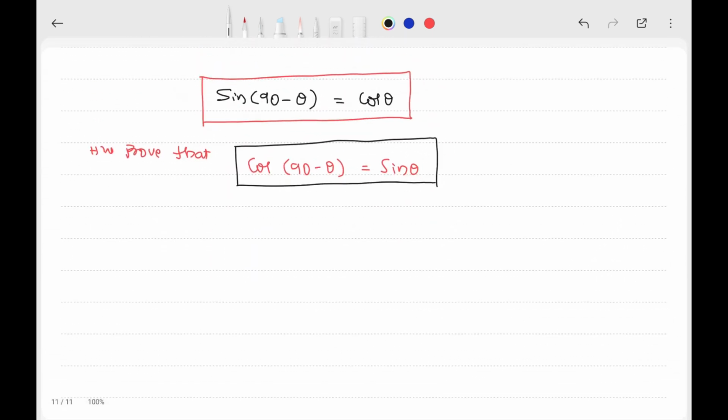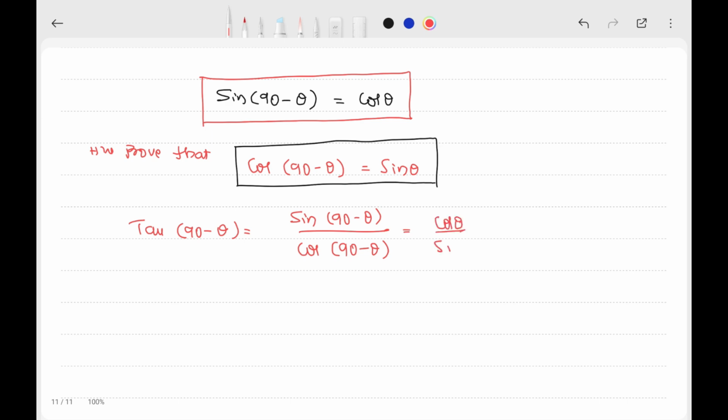From this we can say sin 90 minus theta is equal to cos theta, cos 90 minus theta is equal to sin theta. Then what is tan 90 minus theta? That is equal to sin 90 minus theta divided by cos 90 minus theta, that is equal to cos theta divided by sin theta, that is equal to cot theta.